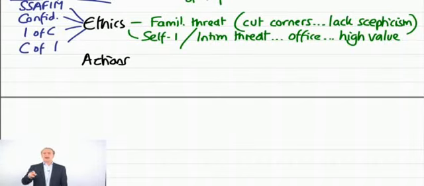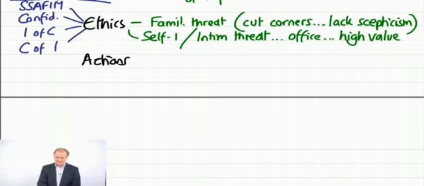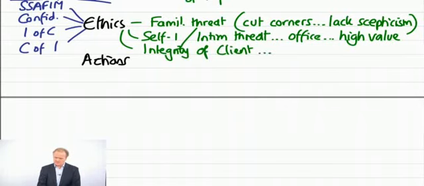Integrity of client. Yes. The very fact that they are offering what could easily be construed to be a bribe. Conflict of, not conflict of interest. The other way round, Paul. Integrity of client in offering the office.